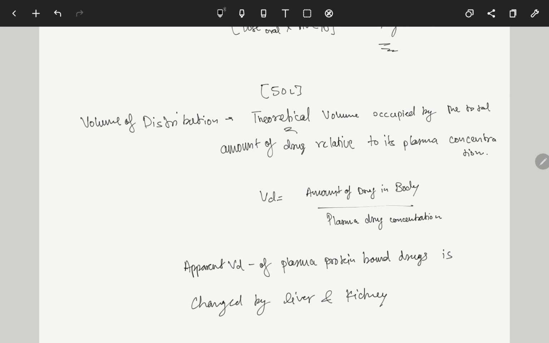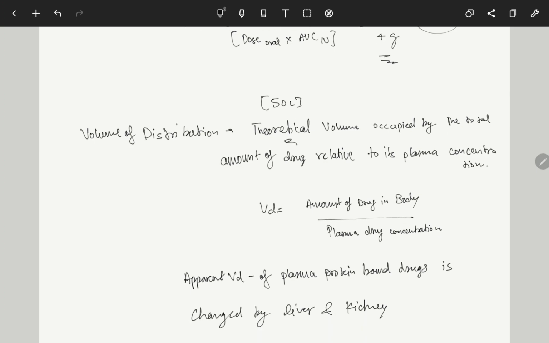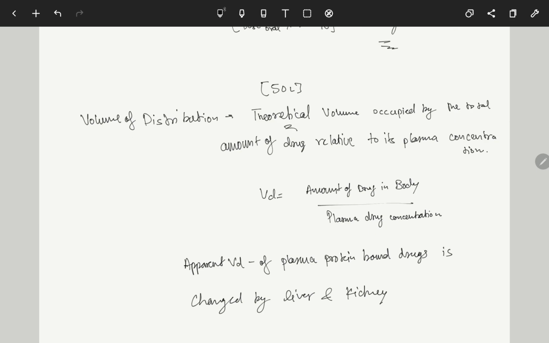You can understand volume of distribution like this: some drugs are lipophilic, meaning they are more soluble in lipids, so they will go into the fat of your body and redistribute there, then slowly leak into your blood vessels as well. There is also this concept of apparent volume of distribution.